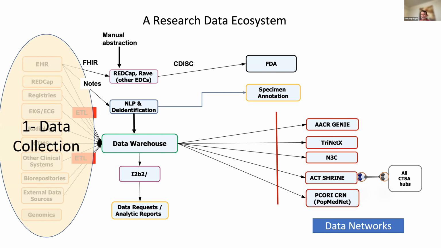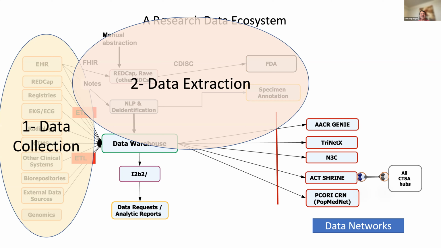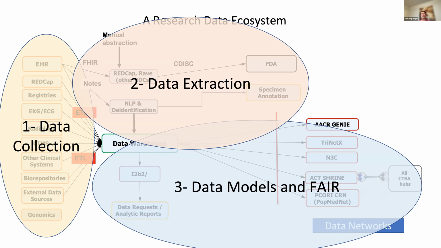The first group is the data collection phase. The second part is data extraction, how we get this data for whatever purpose. And the third is how we make this data available for analytics and other purposes, considering FHIR.